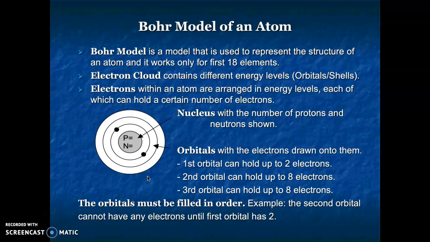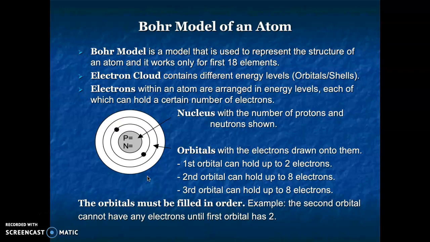Our next rule is you can put 8 electrons in the second energy level, and then the third energy level can also have 8. Now, we'll actually find out a little bit later that the third energy level can really get 18. It's just that once you get to element 21, things just get really strange.